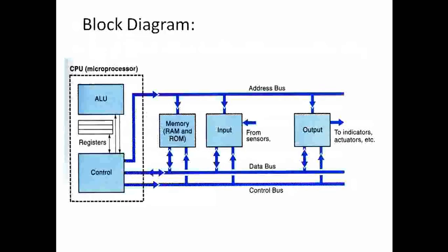So here is the clear pictorial representation of the block diagram of this microprocessor. And this is the microprocessor CPU, with ALU operations, the arithmetic logical unit. The operations progressed in this entire CPU are nothing but the ALU operations, arithmetic and logical calculations.